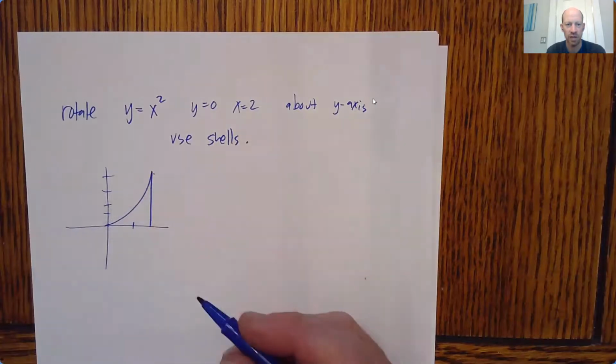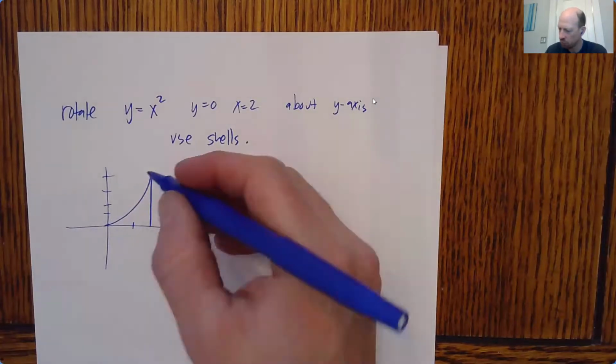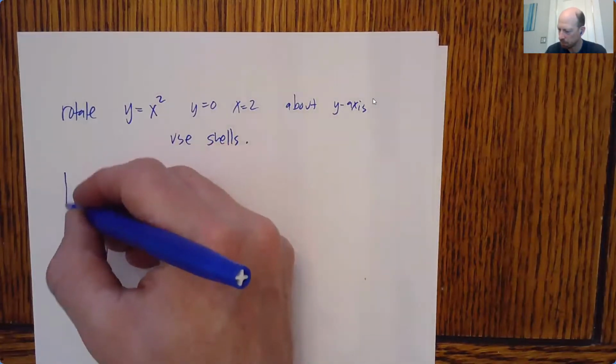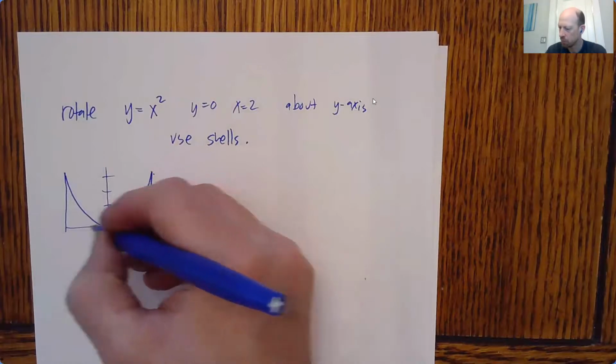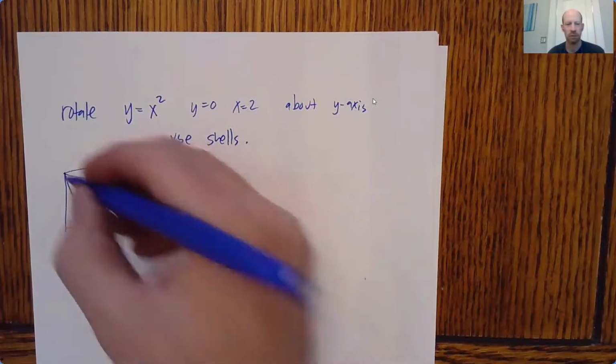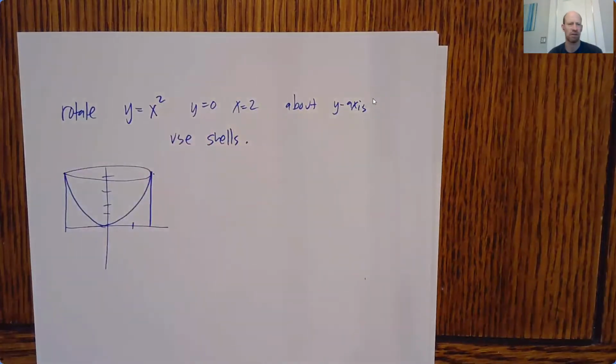Right, so this was our shape from before, but now I'm rotating around the y-axis, which is giving us something different, right? It's the same shape, but when you rotate around a different axis, you're going to get a different volume and some different characteristics.